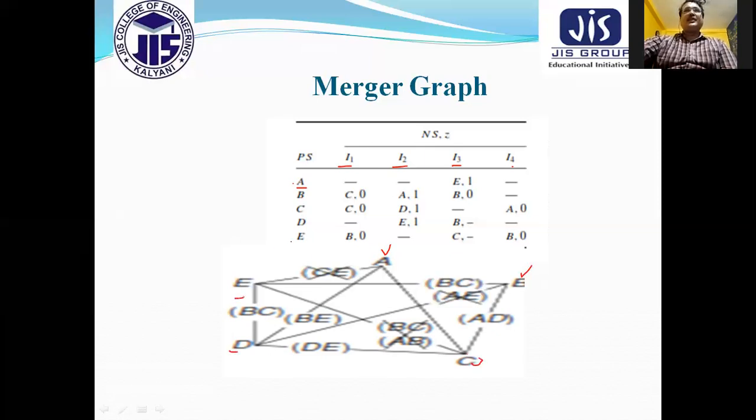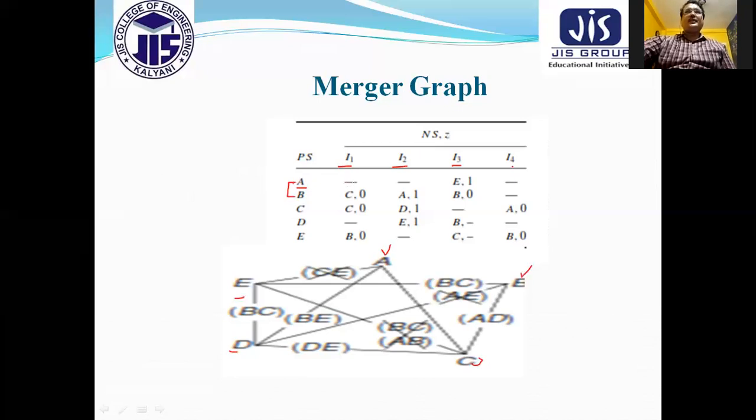Here 5 states are there, so 5 vertices we have drawn. Now you have to check the compatibility between A and B, because in the previous class I already explained the meaning of compatibility pairs and the meaning of implied pairs.